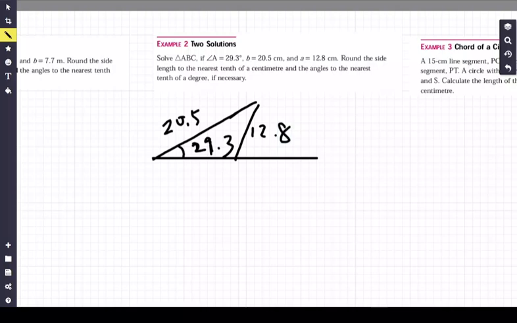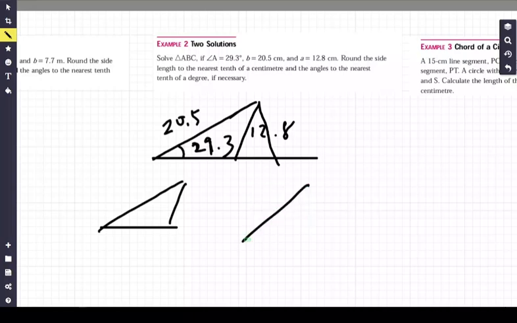And we created our first triangle, so I'm going to draw that here. I'm not going to label it because we already know. However, we can also draw our second triangle. Right? So now let's go ahead and solve it and see what's different.